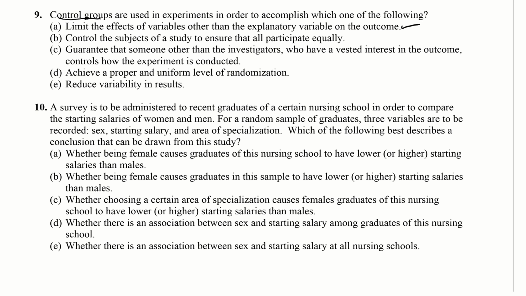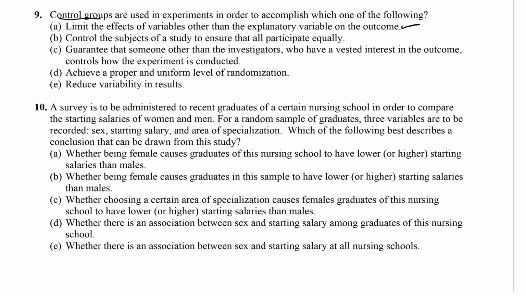Part B, control the subjects of a study to ensure that all participate equally. No, it's not to control the subjects, it's to control the effects of variables. Guarantee that someone other than the investigators who have a vested interest controls how the experiment is conducted. No, it's not controlling the people. It's not controlling the researchers or the subjects. Achieve a proper and uniform level of randomization.